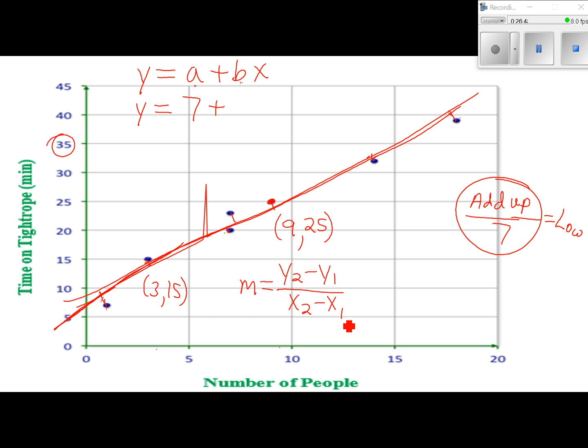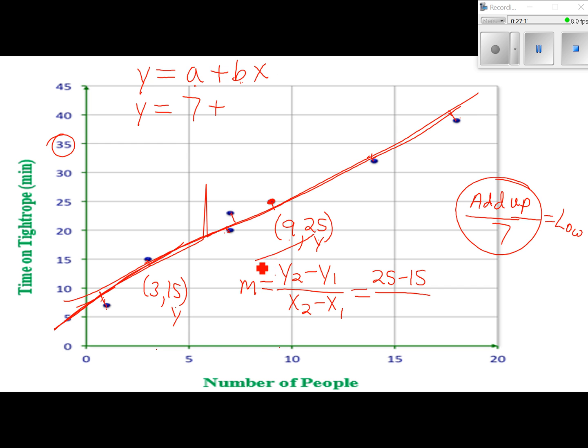I can't say that enough. So we find those slopes, or we find this slope. Our y's this time, remember your y's for slope, the y's are on top, that's always your second number. So I'm going to turn them around and I'm going to write it 25 minus 15. It doesn't make any difference which order they're in, as long as if I take this y first and this y second, then I got to do the same thing for the x's.